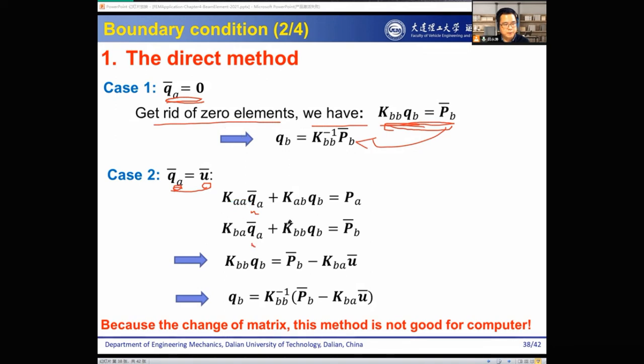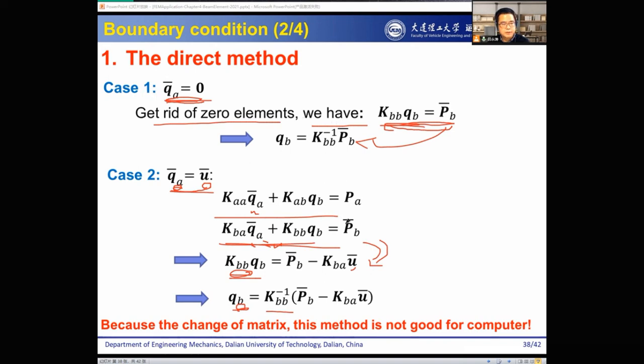Then we can work out QB equals PB minus KBA and U, because this is U. So from the second equation we get this, and then from this equation we do the inverse, and then we can solve the variable QB. So this is the direct method. What the direct method means is we directly put those values into the matrix, and then we solve the equations.